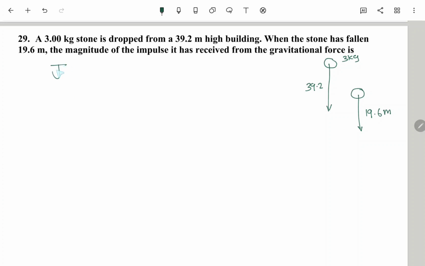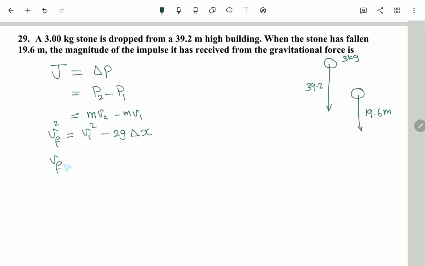Now, impulse actually is equal to delta P, or P2 minus P1. Now P2 is m v2 minus m v1. Now v final square equals the initial square, the equation of motion, minus 2g delta x.